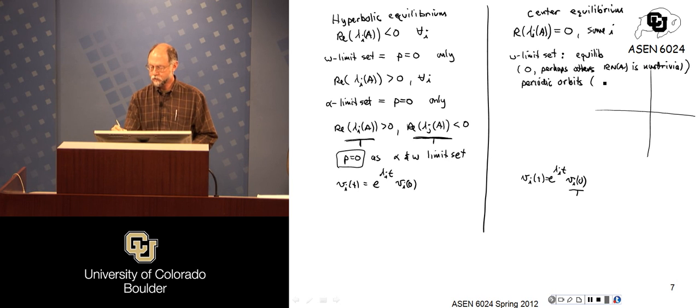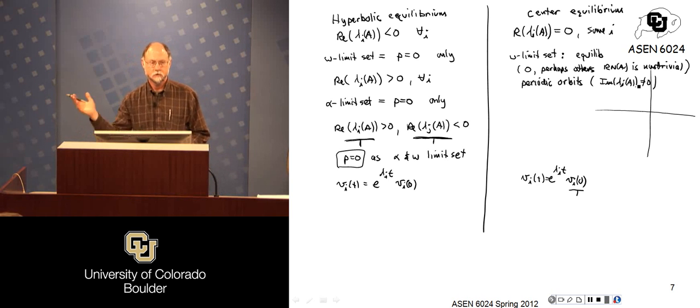And this would be true if the imaginary part of lambda I is not 0. Then you get periodic orbits. Well, I should say non-trivial periodic orbits. The constant solution is technically a periodic orbit, but it's kind of trivial. And so these here would be the case where lambda I equals 0.